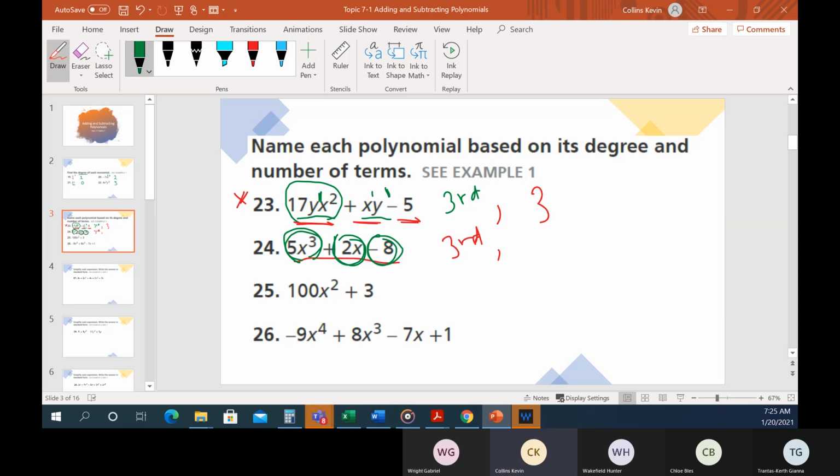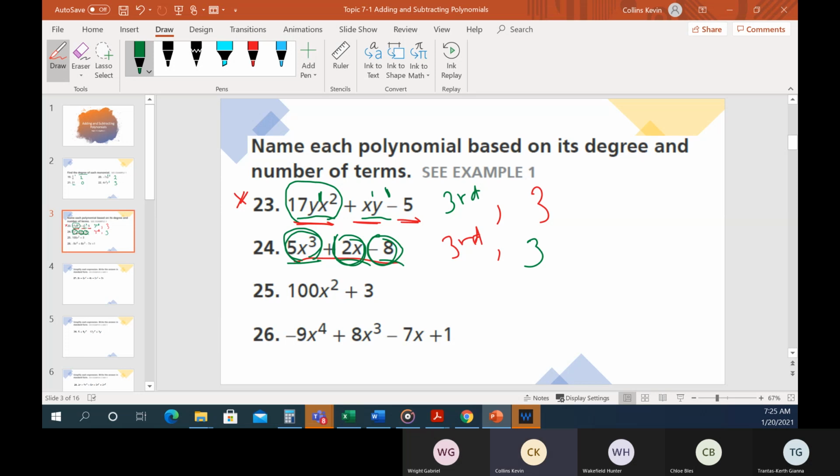How many terms we got? I don't know how you keep getting 4. There's 1, there's 2, there's 3. Okay? You understand that? So whatever gets separated by the pluses and the minuses. Okay? So how about the next one?